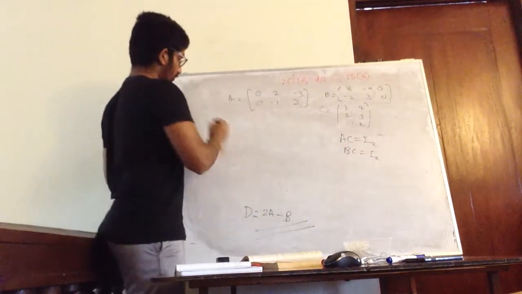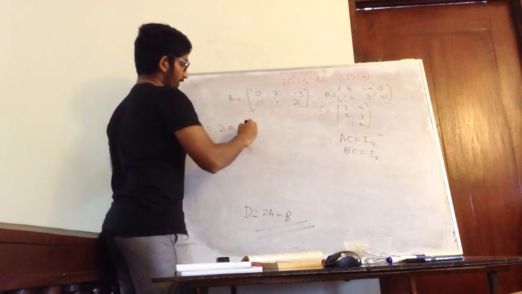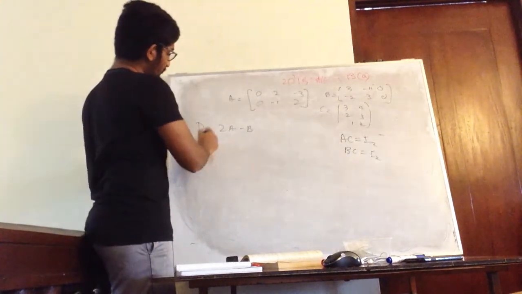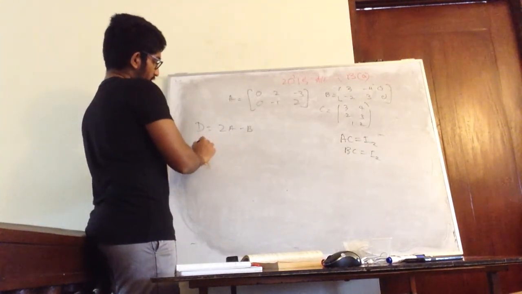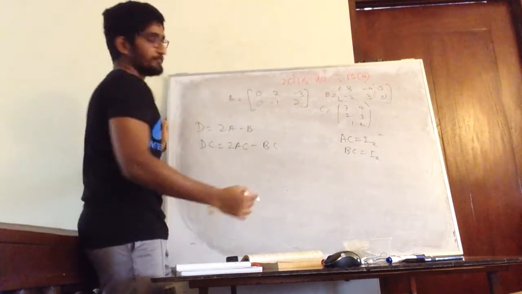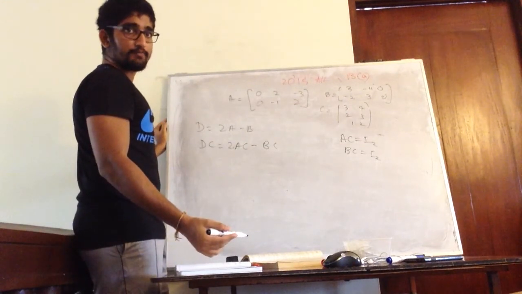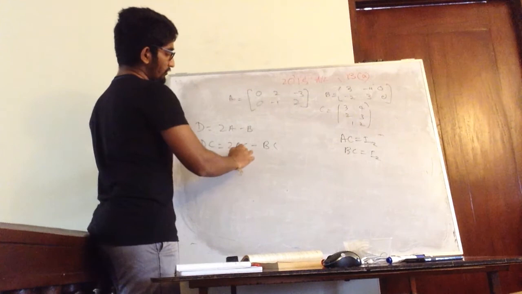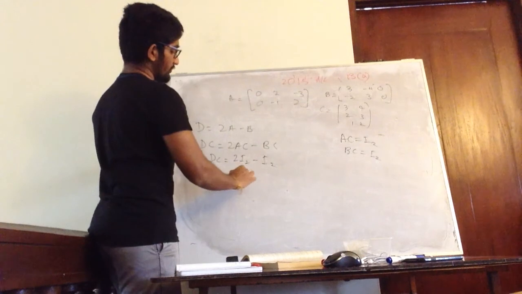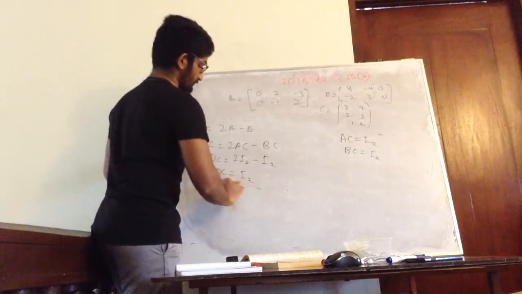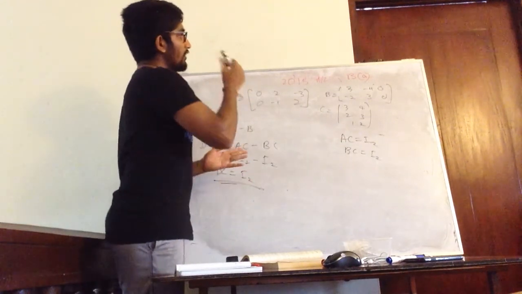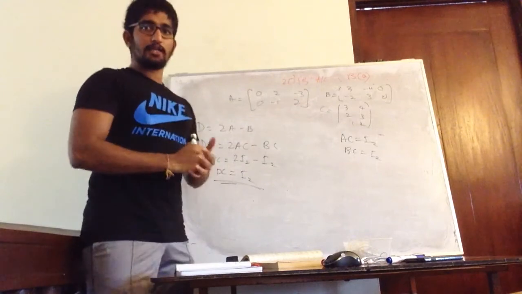So D is 2A minus B. What I'm going to do is multiply this by C, so DC is 2AC minus BC. Then DC will be 2 times I2 minus I2, which is I2. So this is the answer. This completes question 3, part A.